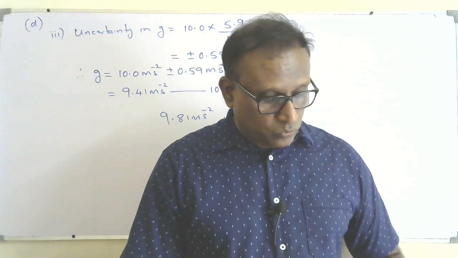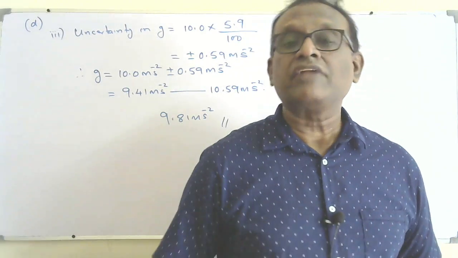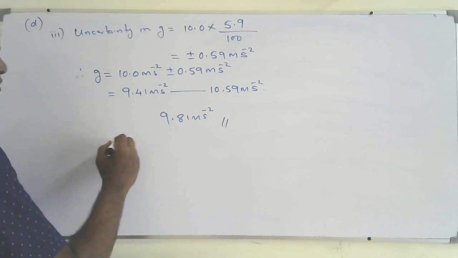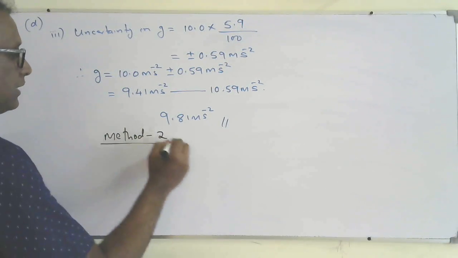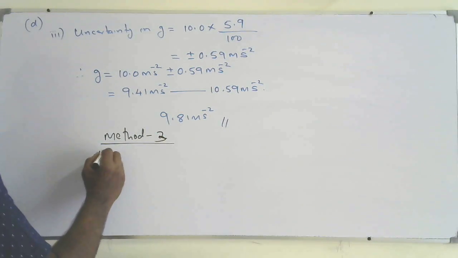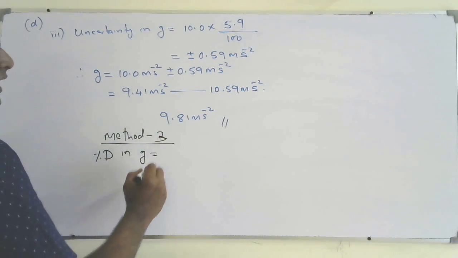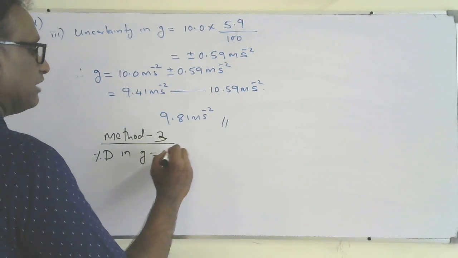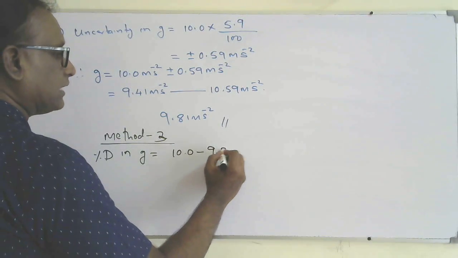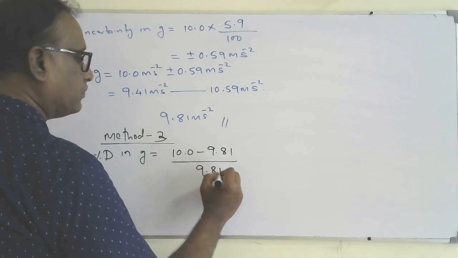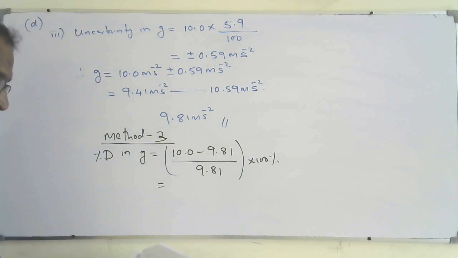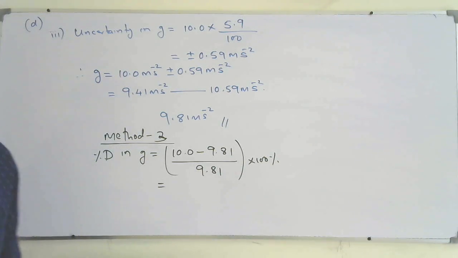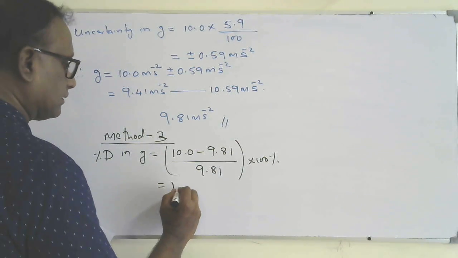Okay, so there is one more method to answer the third part. You can find the percentage difference. You can do method 3 actually, because I already explained two methods for the third part. Method 3, find the percentage difference in G. Your value is 10, actual value 9.81. So the difference is 10.0 minus 9.81 over 9.81 into 100%. So that will be 1.9 percent.